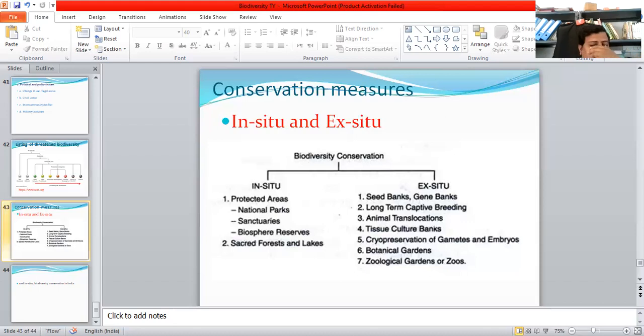It is famous for tigers and the mangrove tree species that are mostly found in the Sundarbans.